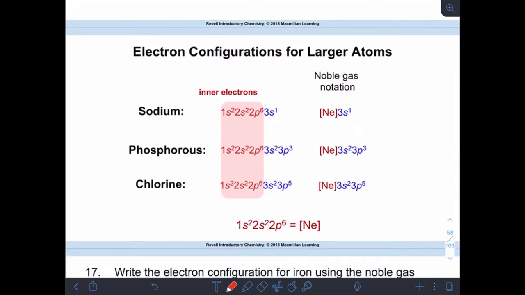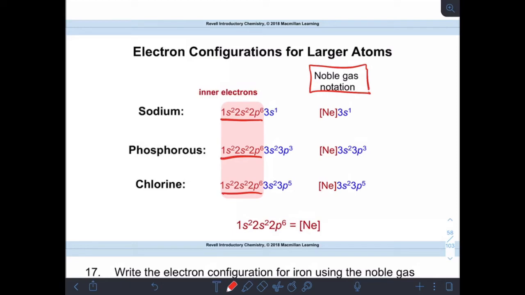Now, as you might have seen, when we start getting into larger atoms, the electron configurations start to get very, very long. Okay, so what we use is called the noble gas notation. What we do is we find the noble gas just above, in the row above, and that tells us that piece of the electron configuration.